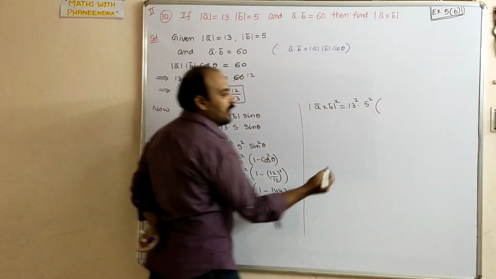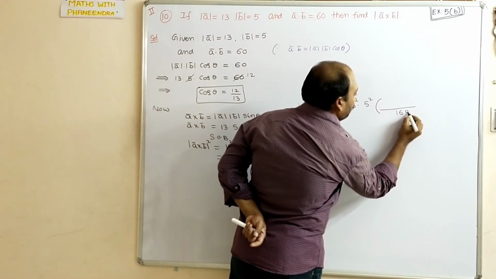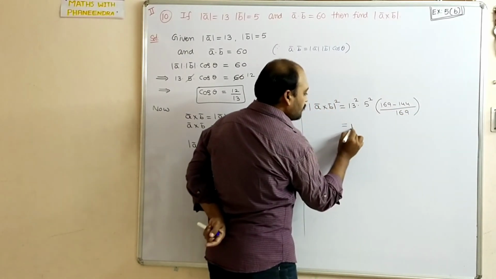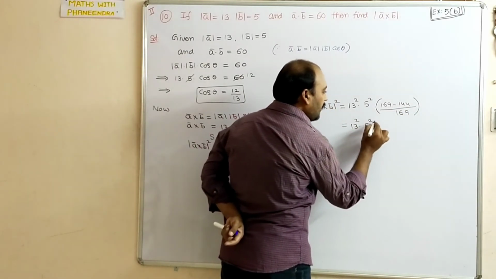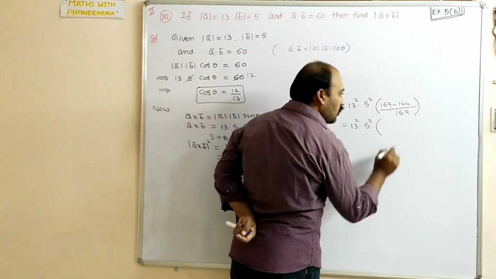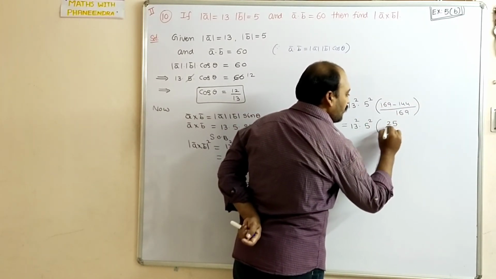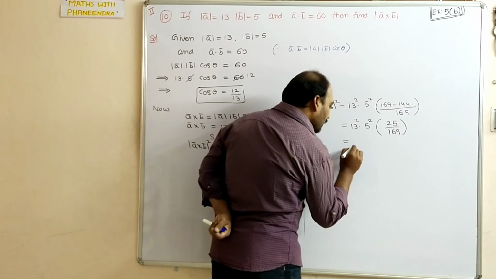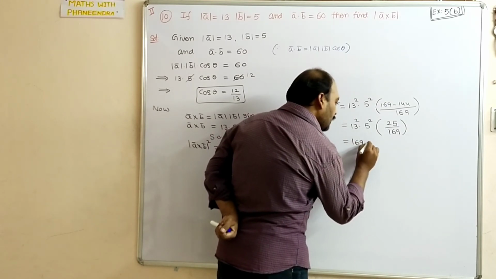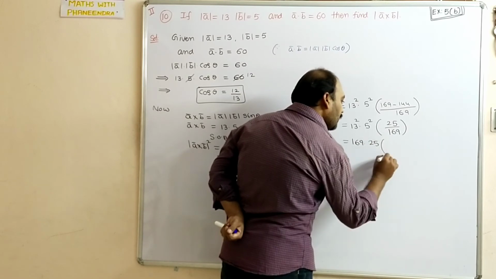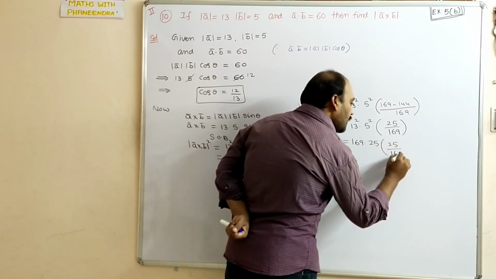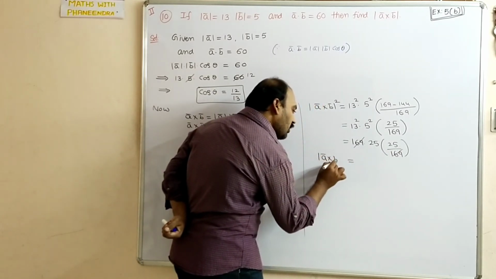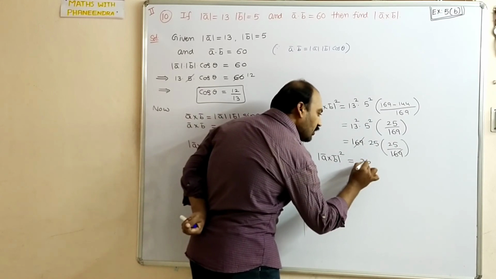Take LCM 169. 169 minus 144 is 25, divided by 169. So 13 square is also the same, 169, into 25 by 169. 169 gets cancelled. The magnitude of a bar cross b bar whole square equals 25 square.